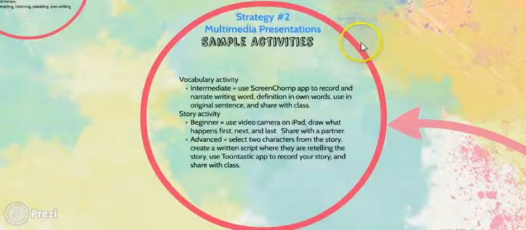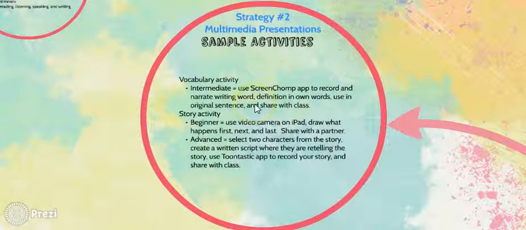This is a list of some sample activities that students could use these multimedia presentations for. So let's look at some vocabulary activities. Intermediate English language learners could use Screen Chomp to record and narrate writing a word, defining words in their own words, using an original sentence, and they could share these videos with the class.